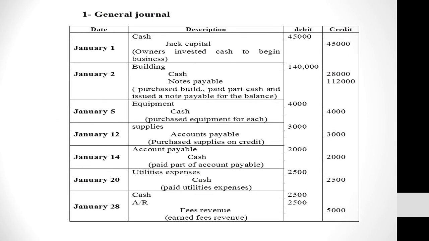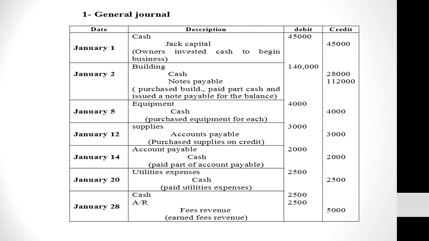This is your solution for an example like this when you are required to prepare the journal or to record the transactions within the journal. This is what we expect to see from you. And you should make sure that within each entry the debit equals the credit. 140,000 and 140,000. The total here is 140, then 4,000, 4,000, and so on.